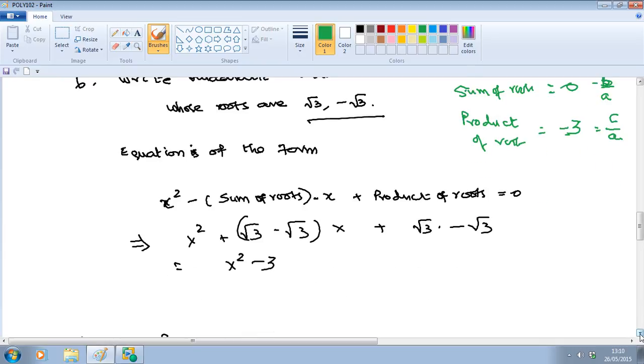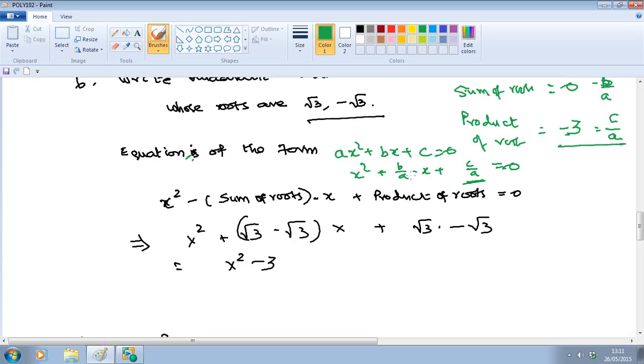So if we apply the standard equation of the form ax square plus bx plus c is equal to 0, and divide by a, we get x square plus b by a multiplied by x plus c by a is equal to 0. So we know c by a is equal to minus 3.